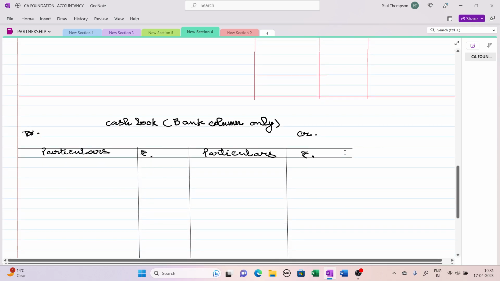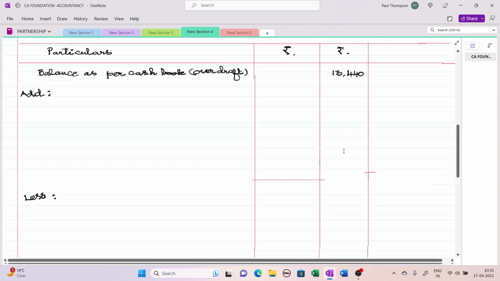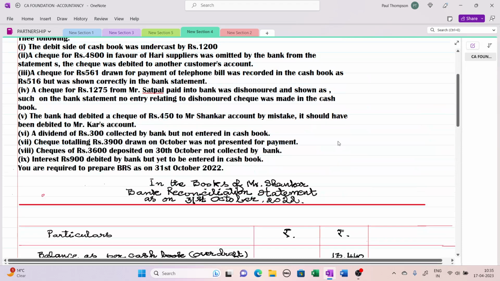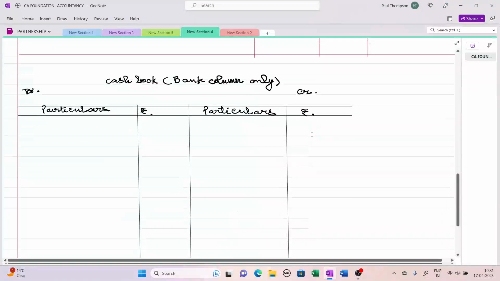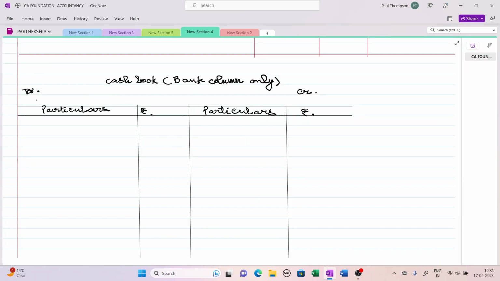The first one, we say that rupees 1,200 debit side of cash book was undercast. The debit side of cash book always means deposits. Whatever amount I write on this side will reduce my overdraft. Is it very clear? When I was calculating this total, there was one figure here, 1,200.